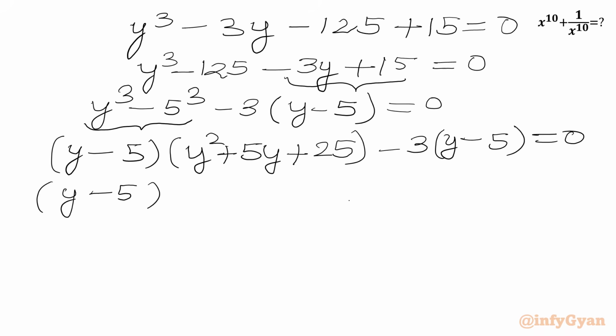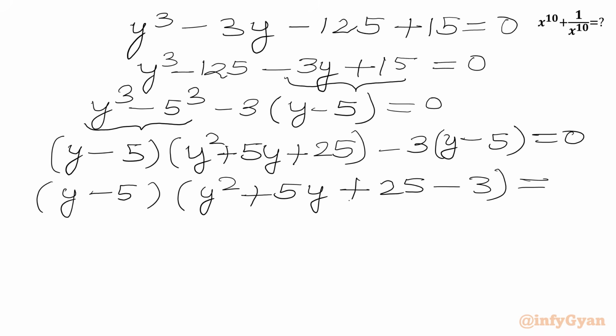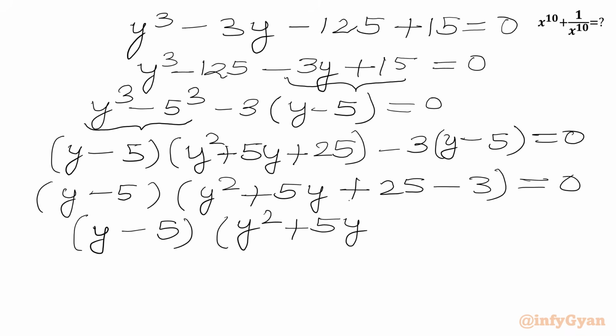So we write y minus 5 in the first bracket. In the second bracket, we write y square plus 5y plus 25 minus 3 equal to 0. Or we will write (y minus 5) times (y square plus 5y plus 22) equal to 0.